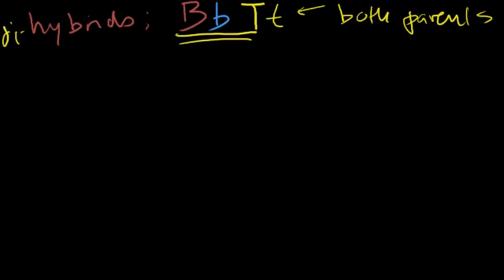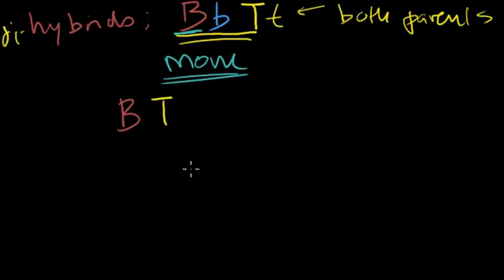So if I'm talking about the mom, what are the different combinations of genes that the mom can contribute? For each of these traits, she can only contribute one of the alleles. So she could contribute the brown and then the big T. That is one combination.